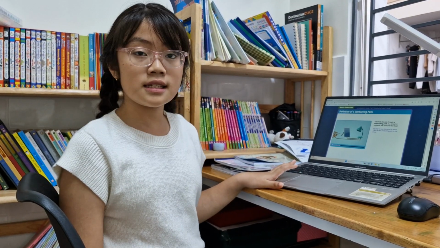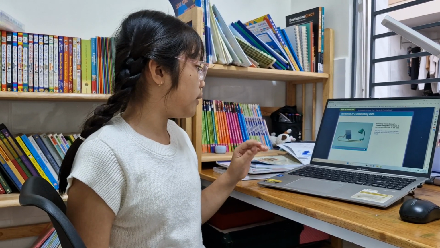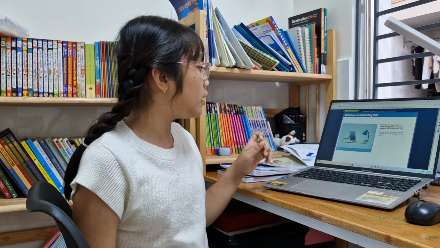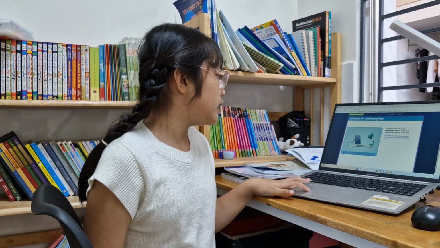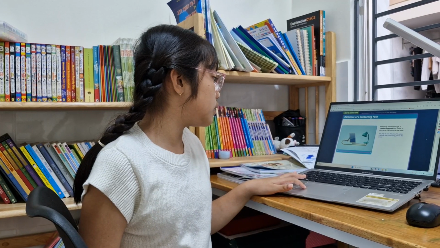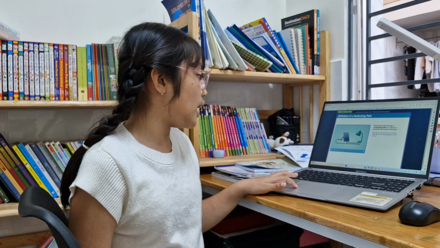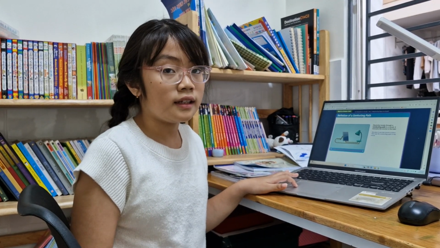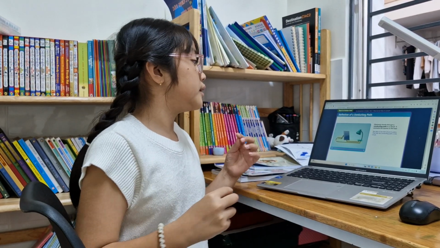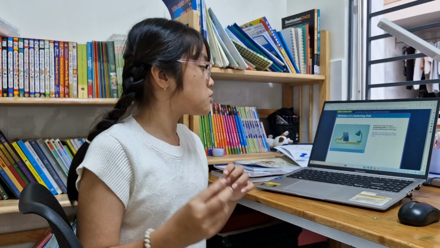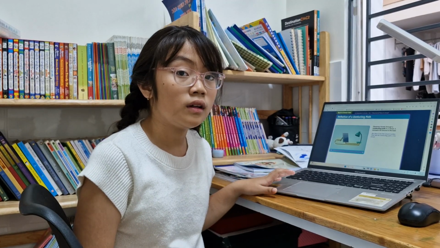Let's check and see where the conducting path is. We can see here that this line is the conducting path because it connects the light bulb to the solar panel to light.